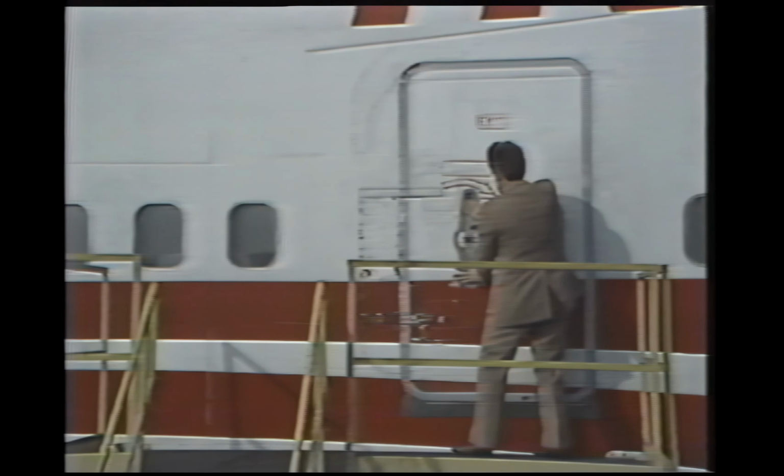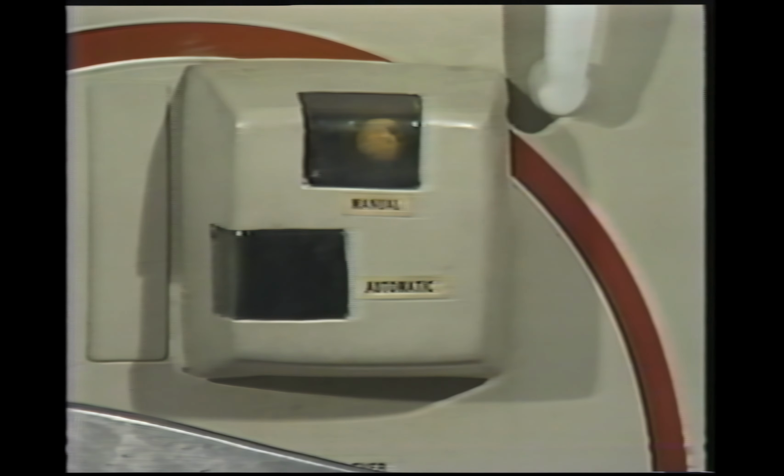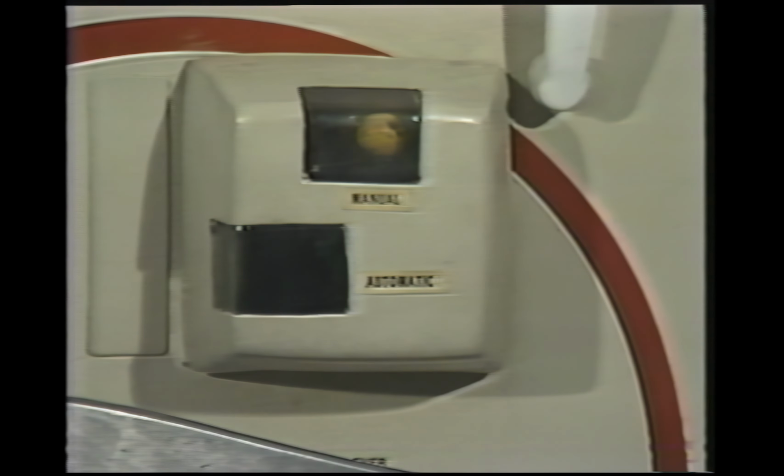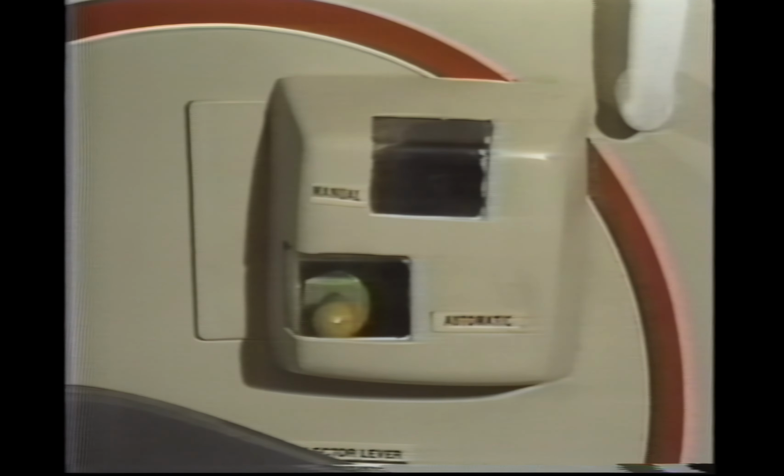The cabin doors can be operated in 2 different modes from the interior. The modes are indicated by a yellow handle seen through a plastic viewing port. The modes are manual for normal door operation and automatic for slide raft deployment and inflation.